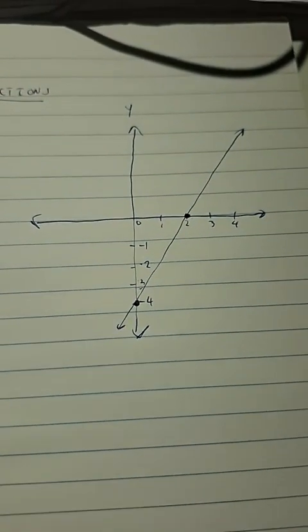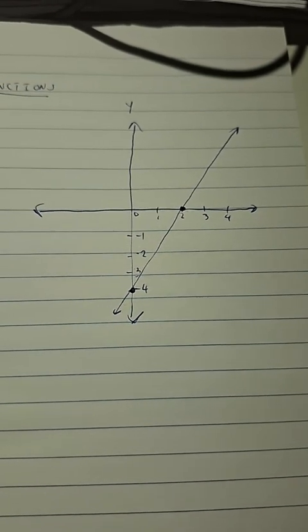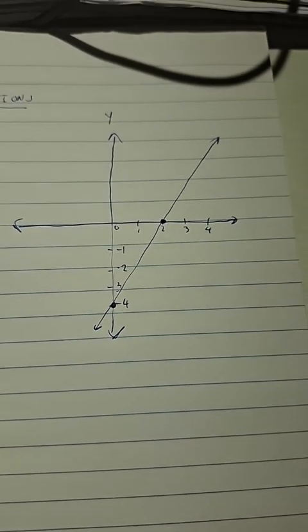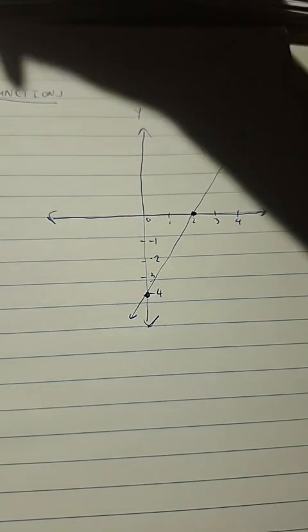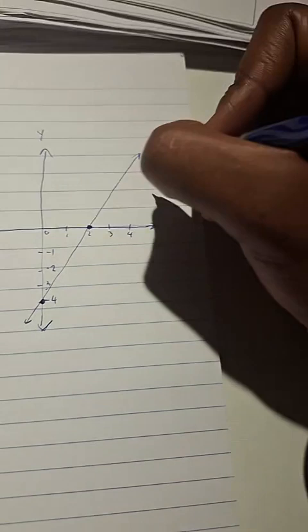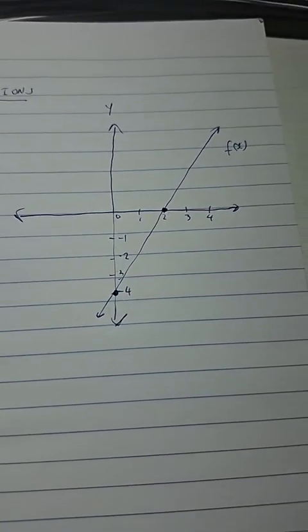You would obviously use a ruler to do this, so that your line is as straight as possible. You guys will have to forgive me, because in one hand I'm holding the phone and using a ruler will not be feasible. It's just one of those things, so hopefully you can understand that. But that's my function f of x. So we label that function.